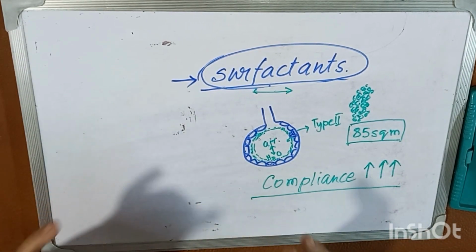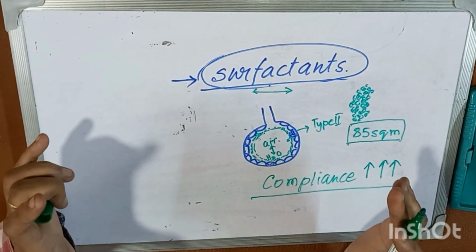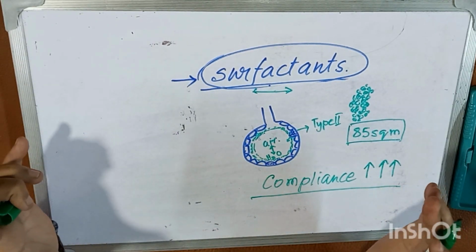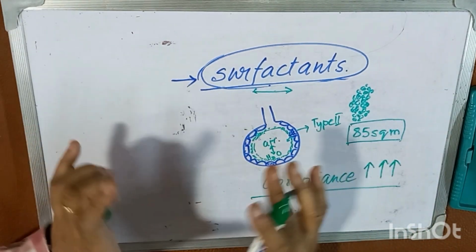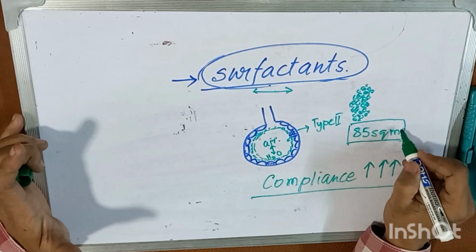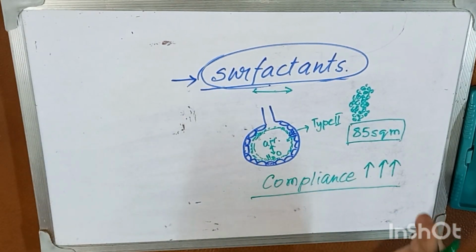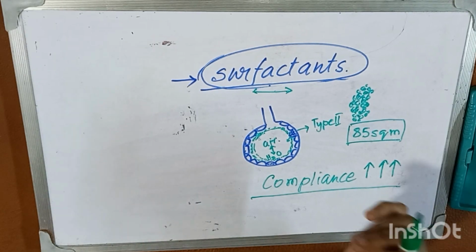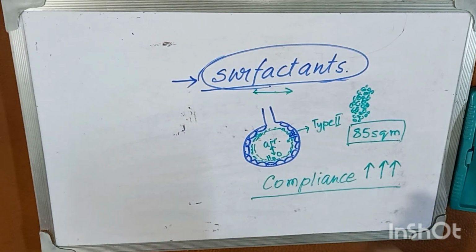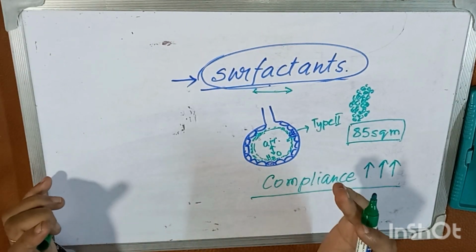Because there is a huge increase in volume, because of this area getting frothed up, the lung alveoli, the 85 square meters of area, the lung is easily inflatable because it has lowered its surface tension.